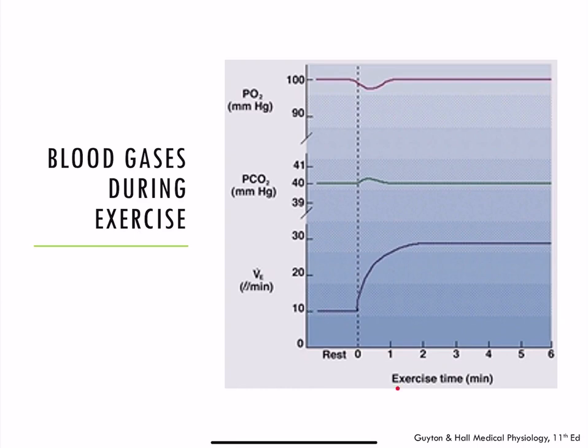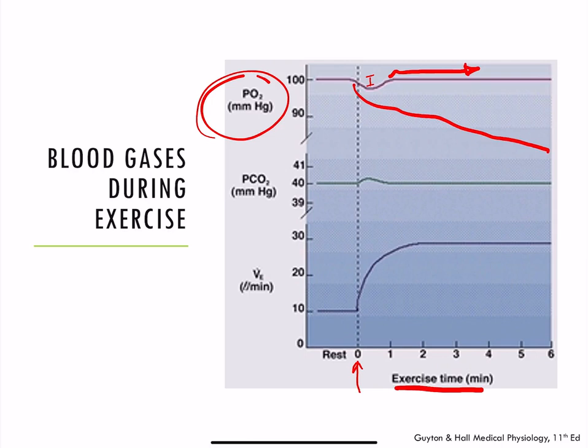So look at this, exercise time is on the x-axis. You can see when exercise starts, there is this teeny tiny dip in oxygen, but then it's completely maintained. Normal oxygen levels during exercise. We do not see oxygen numbers dropping.